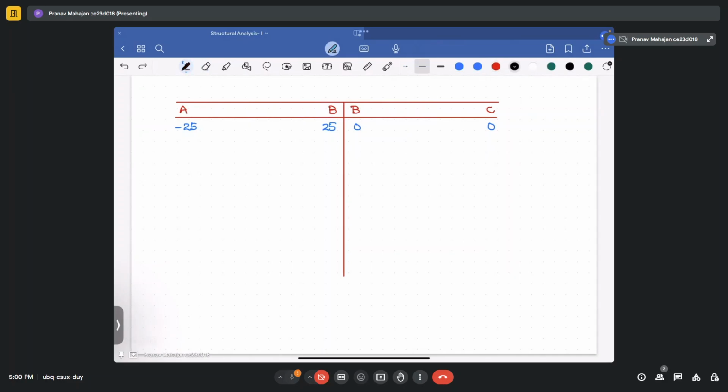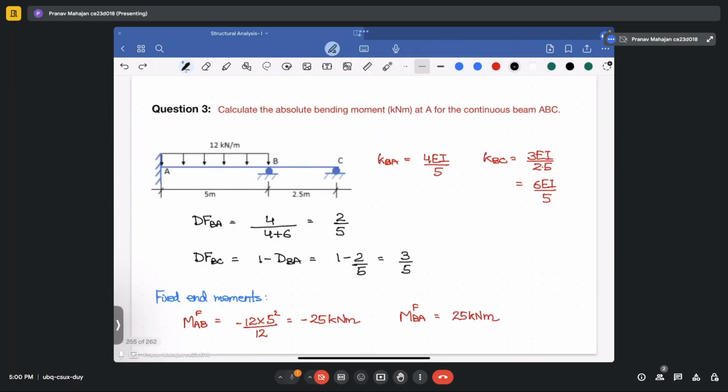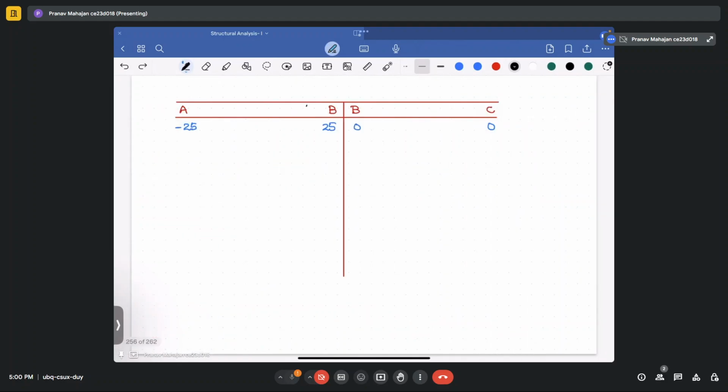Distribution factors we have calculated as one is 2 by 5 and the other is 3 by 5. So this is 2 by 5, this is 3 by 5.